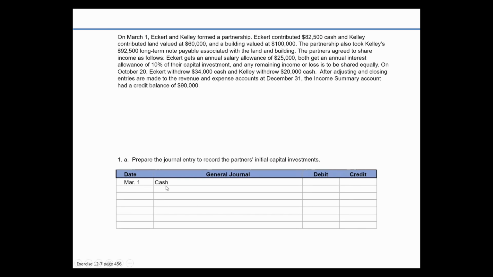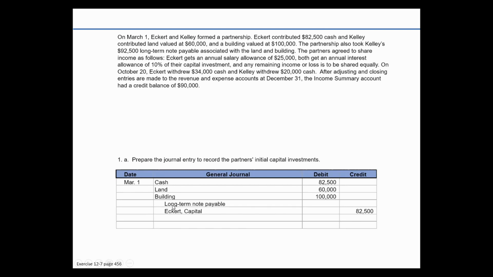And so we have cash in the amount of $82,500, and that cash is the cash that Eckerd contributed. So then we would credit Eckerd capital $82,500, and then we have land in the amount of $60,000 debit, and that is the land that Kelly contributed, and we have the building in the amount of $100,000.